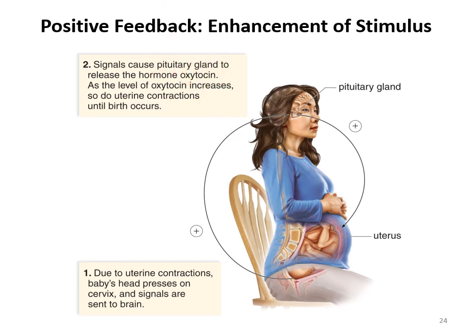And since it is positive feedback, that increase in uterine contractions will trigger an even greater increase in uterine contractions. The point of that positive feedback is to try and push that baby out, get it out of the body. Okay, and we'll talk more about that in the reproductive chapter.